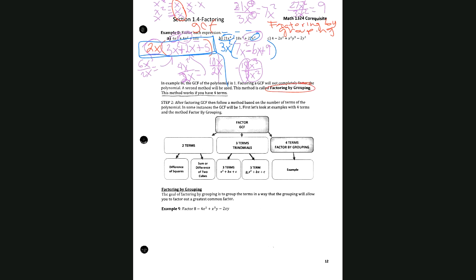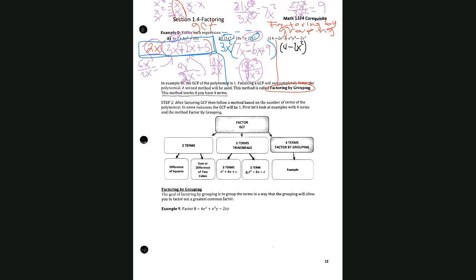And this is a very useful method when you have 4 terms. How do I know I have 4 terms? Because they're separated by the sign negative, positive, and negative. So we have 1, 2, 3, 4. So what we're going to do is make 2 groups. And we're going to group 4 and negative 2x squared.